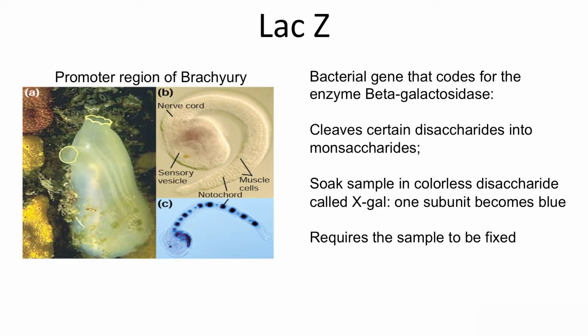If you actually took that and made this a transgenic animal, what the researchers did here is they took a fertilized egg, actually they took hundreds of fertilized eggs, soaked them with this reporter construct, the brachyury gene hooked up to the brachyury promoter hooked up to the beta-galactosidase gene. And they either injected that DNA into the single cell zygote, the fertilized egg, or they zapped all of the cells and forced them to suck up DNA from the outside.